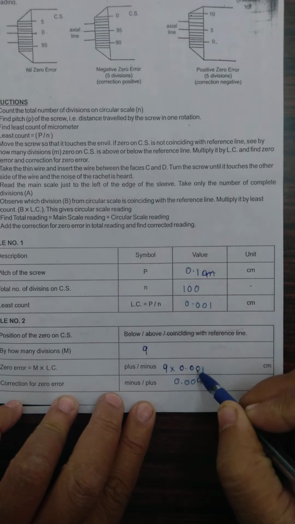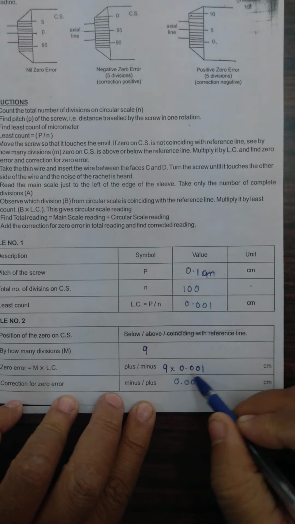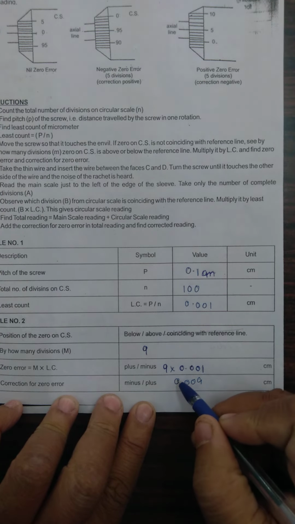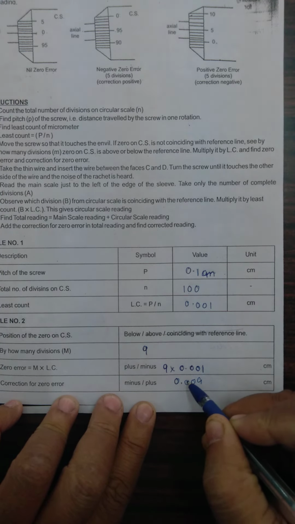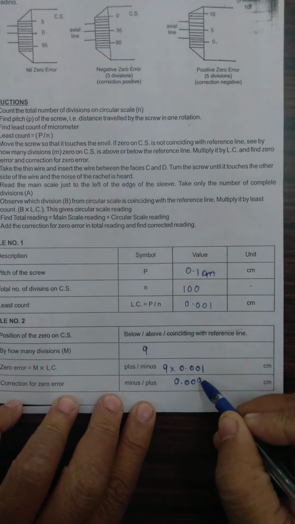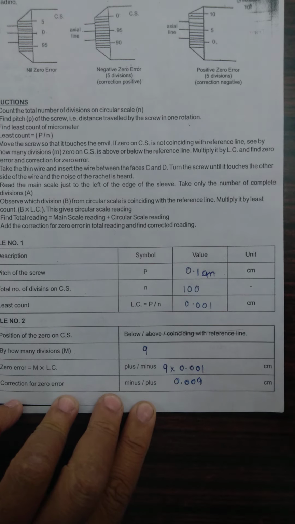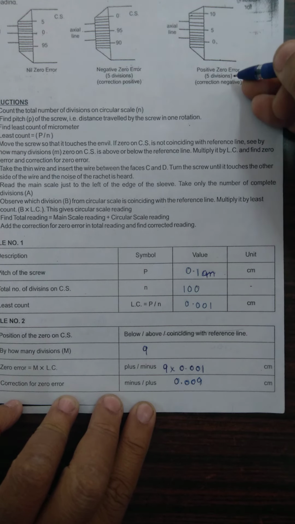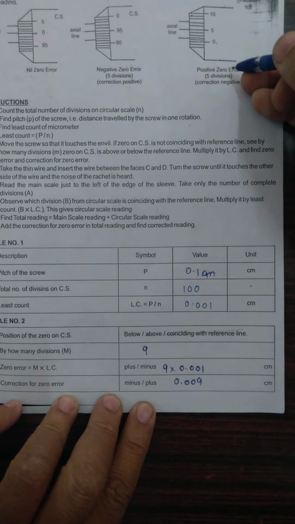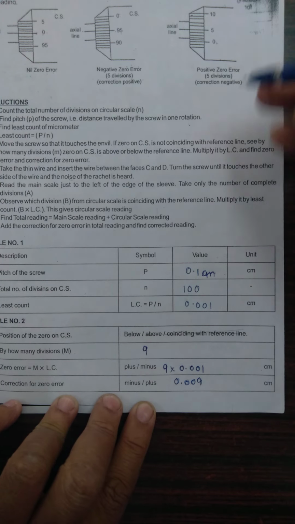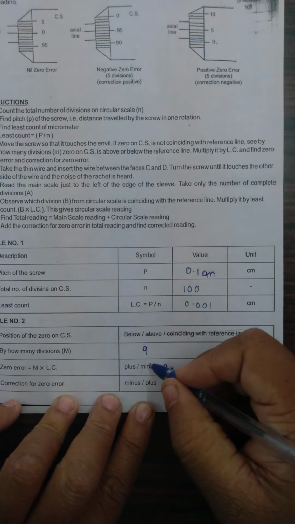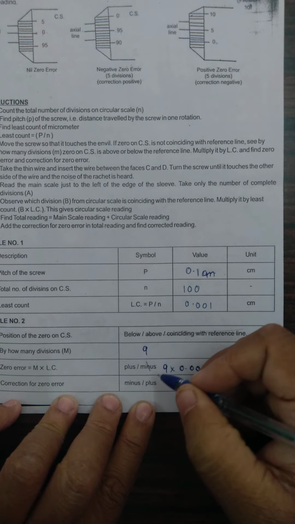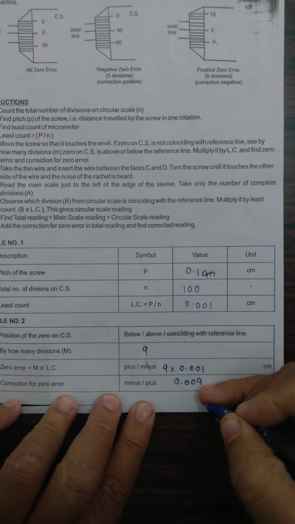Okay, 9 into 0.001. So I will get the answer as 0.009. Okay, since this 0 was lying below, my error is a positive error.